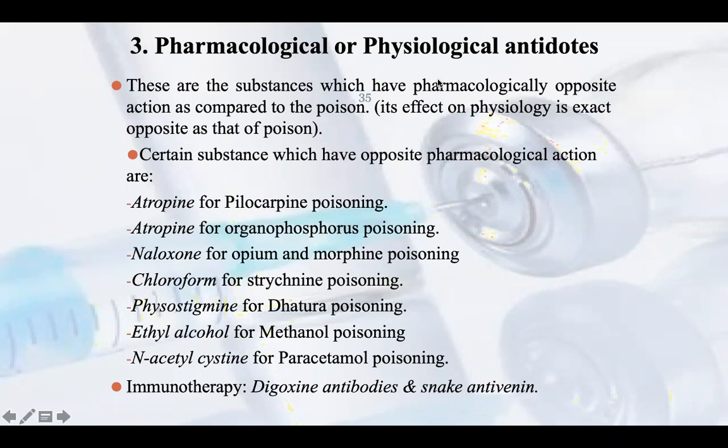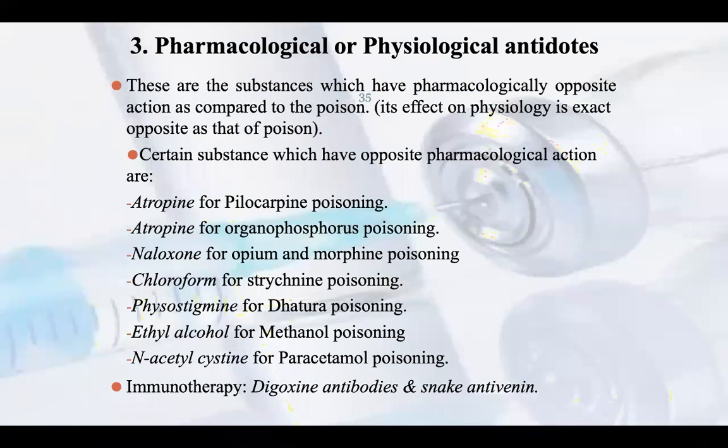Now, pharmacological or physiological antidotes. These are the substances which have pharmacologically opposite action as compared to poison. Their effect on physiology is exactly opposite to that of the poison.